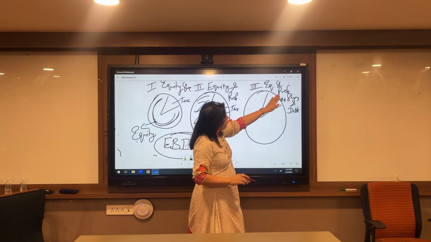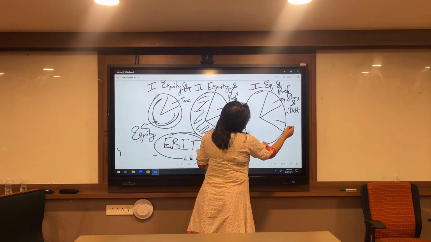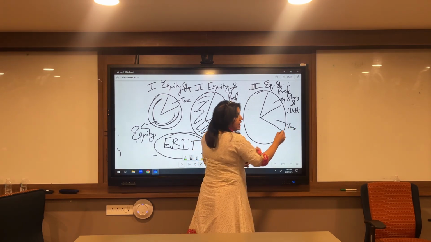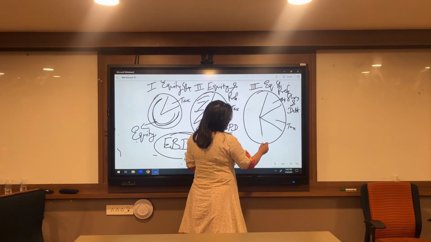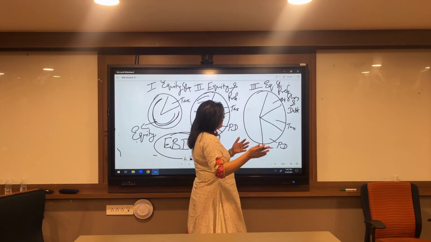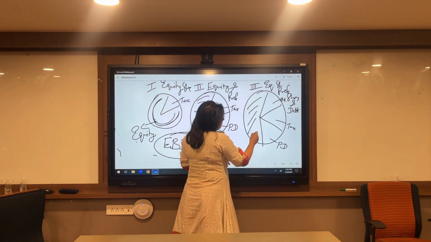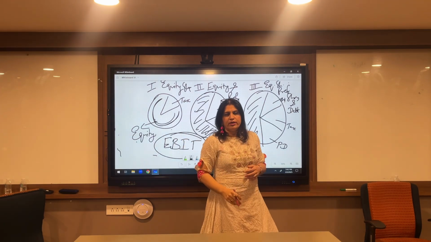Now after removing this, on whatever is remaining, the company will pay tax. After paying tax, the company has to pay preference dividend. And if retained earnings are not kept, whatever remains belongs to the equity shareholders.